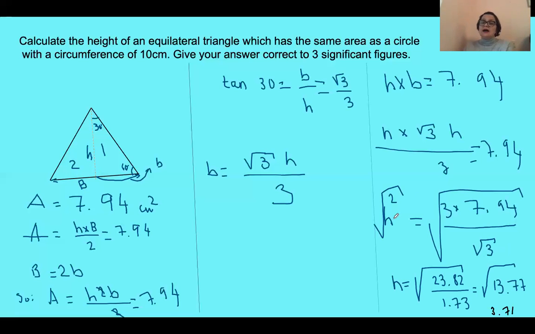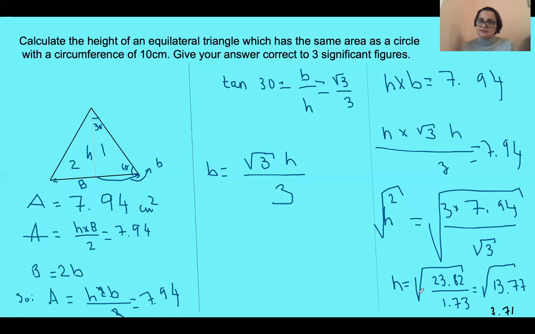Now, how do we get rid of the power? To get rid of the power, we use again the opposite operation, which is the square root. So the power of 2, or square, we use the square root. So the square root of h to the power of 2 equals the square root of the other side. Both sides of the equation should be in the square root.